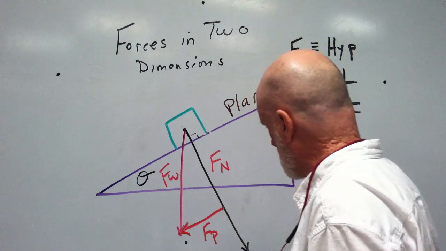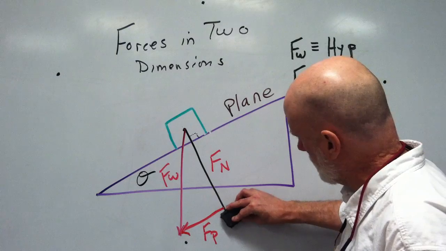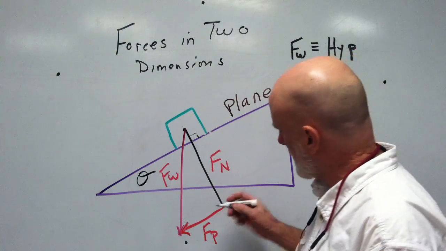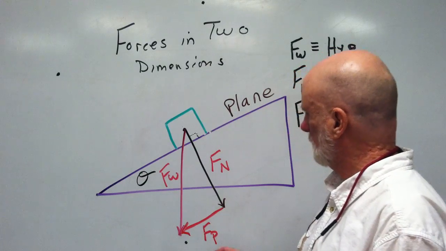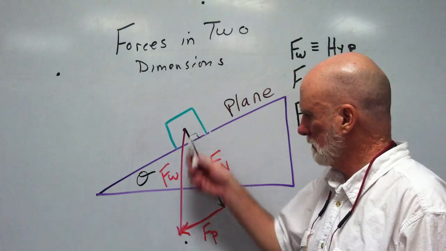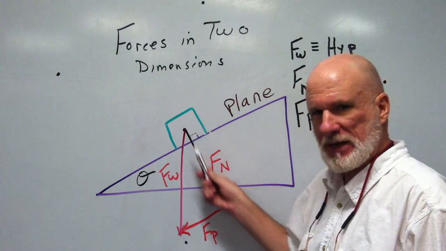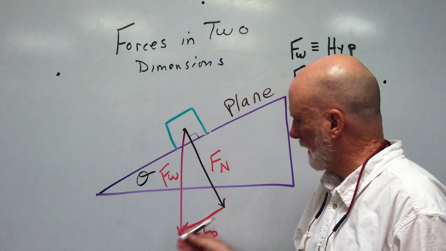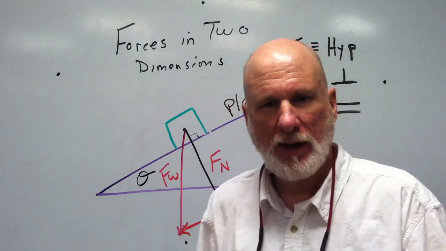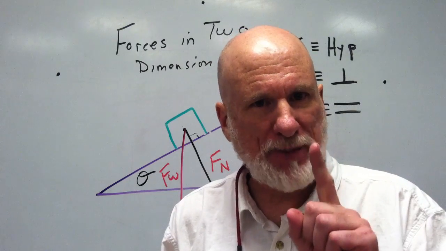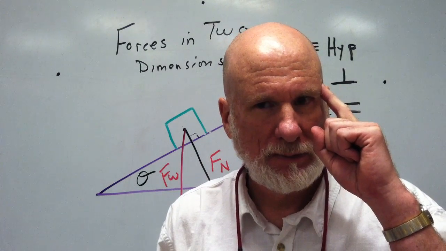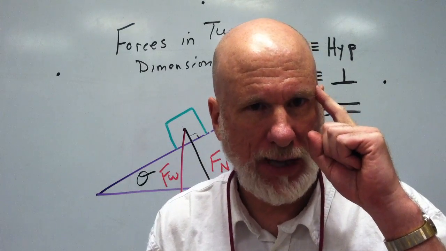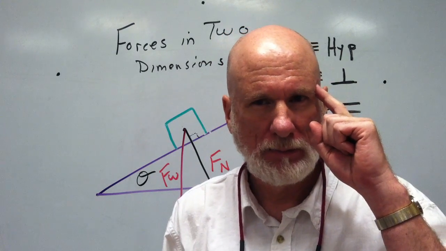Now, I can erase that. I'll make that a vector. Right? Easy. Straight down. Perpendicular to the plane. Parallel with the plane. Now, opposite the hypotenuse is always the 90-degree angle, the right angle, right?